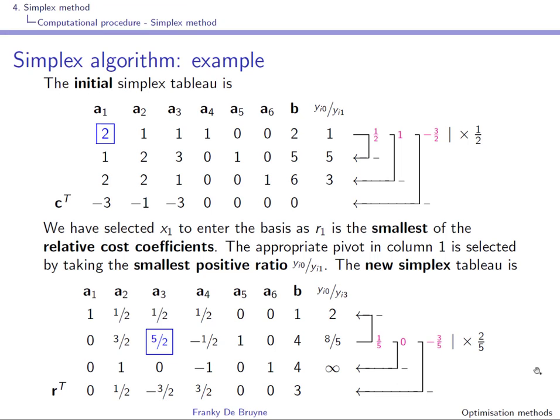Every time you have a new simplex tableau, you should compute the new basic solution. So here x2 is equal to x3 is equal to x4 is equal to 0. We see that x1 is 1, that x5 is 4, and that x6 is 4 as well.